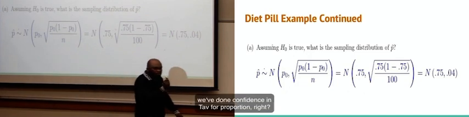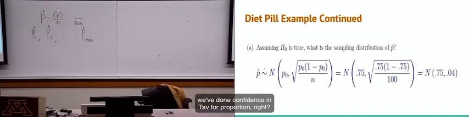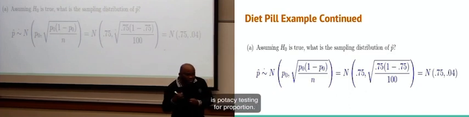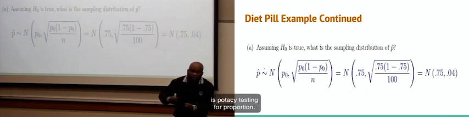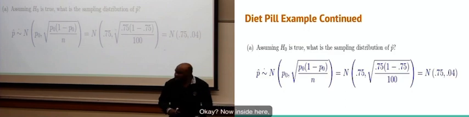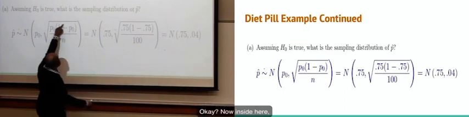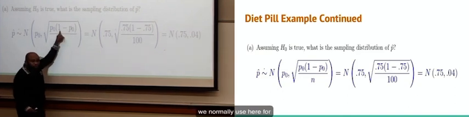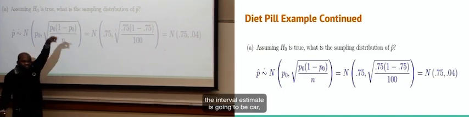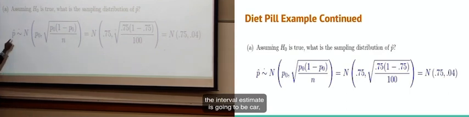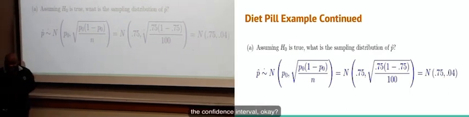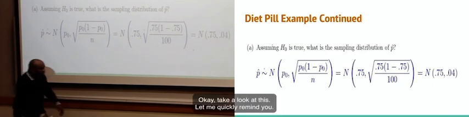Before, we've done confidence interval for proportion, and what we're doing now is hypothesis testing for proportion. Inside here, the P that we normally use for the interval estimate is going to be P cap. You remember? When we're dealing with the confidence interval, take a look at this.